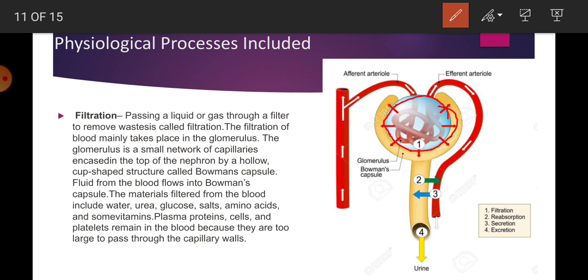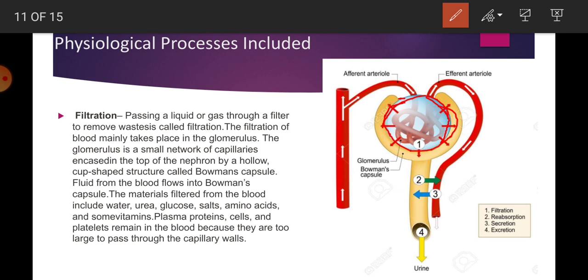Because the membrane of the Bowman's capsule, adjacent to the glomerulus, is permeable or porous, it permits only smaller substances to go inside, and the smaller substances include water, urea, the waste products, and some salts or amino acids.